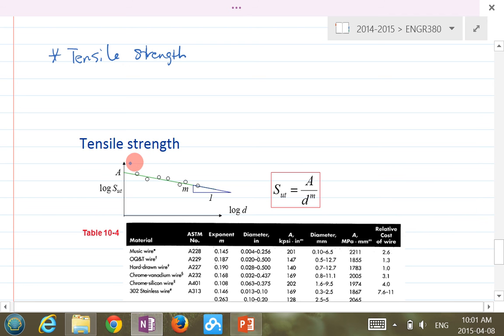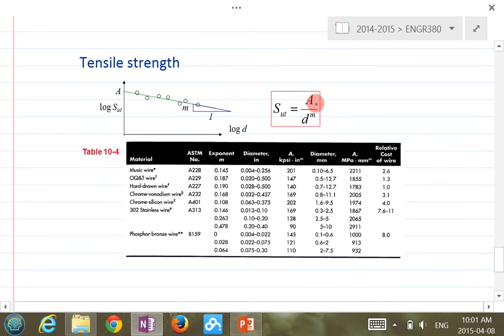Very interesting: the smaller the wire, the higher the tensile strength. But overall, it satisfies a straight line on a log-log scale. So Sut equals A over d to the power of m. That's basically the formula here.